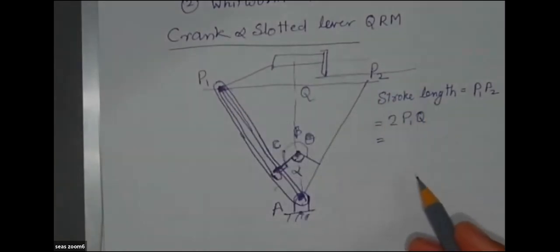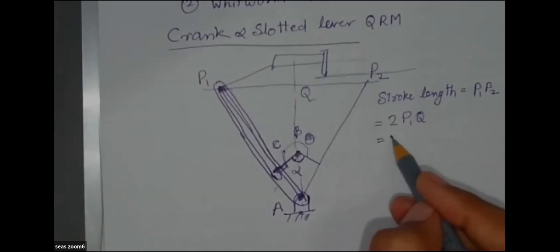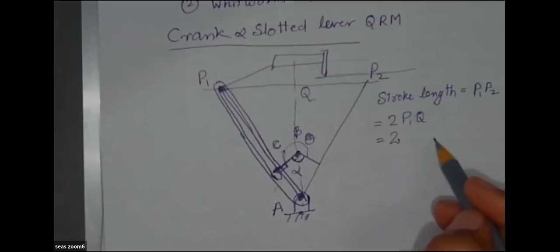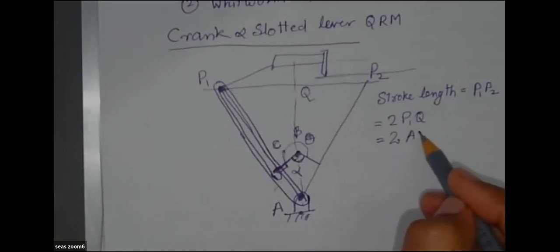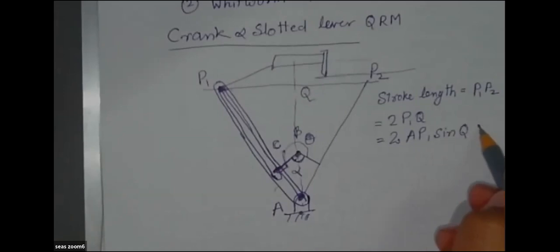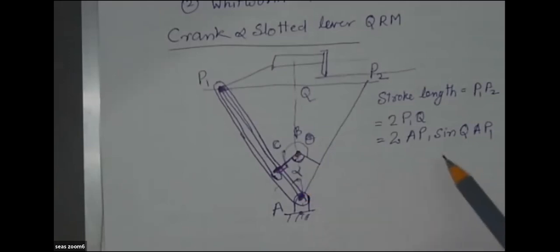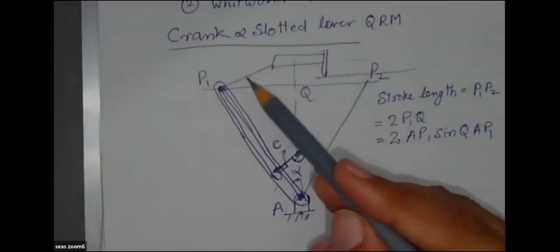So stroke length, which is P1P2, is equal to 2P1Q, और इसको लिख सकते हैं 2AP1 sin of angle QAP1. ओके, तो P1Q इसको लिख सकते हैं in terms of sine of this angle multiplied by this length.